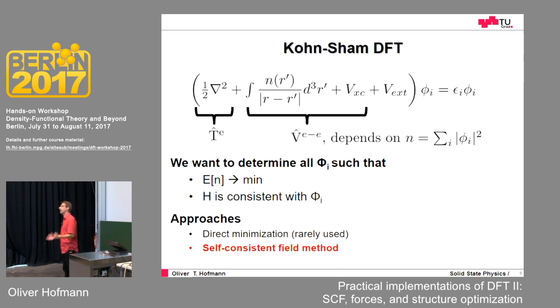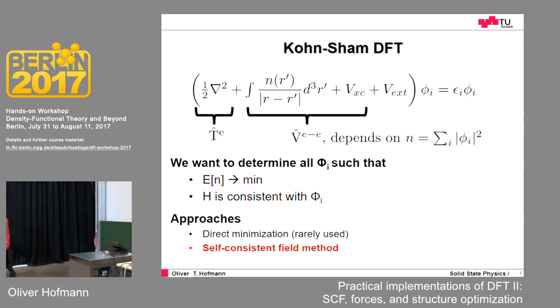So how do we actually do this now in practice? There are, in principle, at least two different ways to achieve this. One is the so-called direct minimization, where you start from a reasonable guess and then you try to minimize the coefficients. And the second method, and that's the method that's de facto always used, is the so-called self-consistent field method.